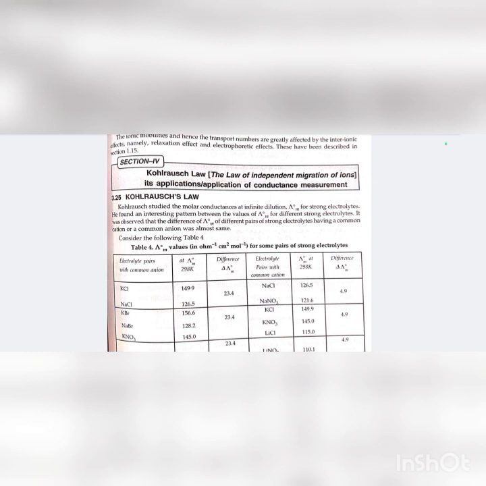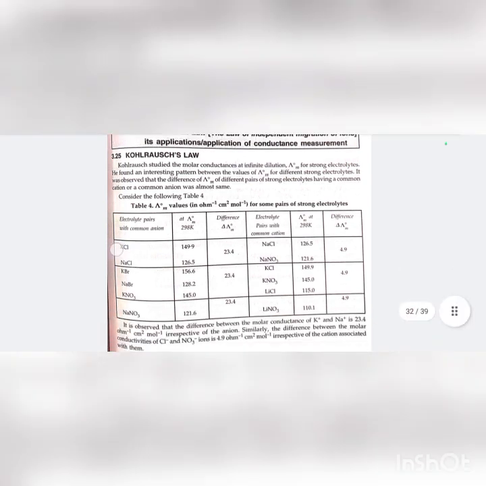First is Kohlrausch's law. Kohlrausch studied the molar conductance at infinite dilution for strong electrolytes. He found an interesting pattern between the values of molar conductance at infinite dilution for strong electrolytes. It was observed that the difference of molar conductance at infinite dilution of different pairs of strong electrolytes having a common cation or anion was almost the same.